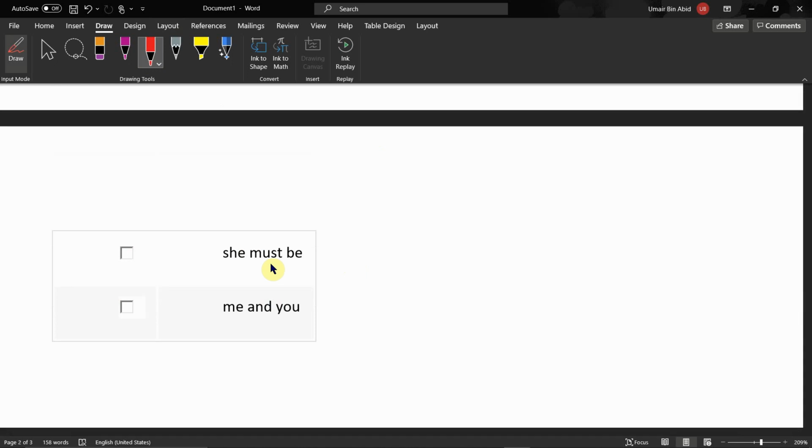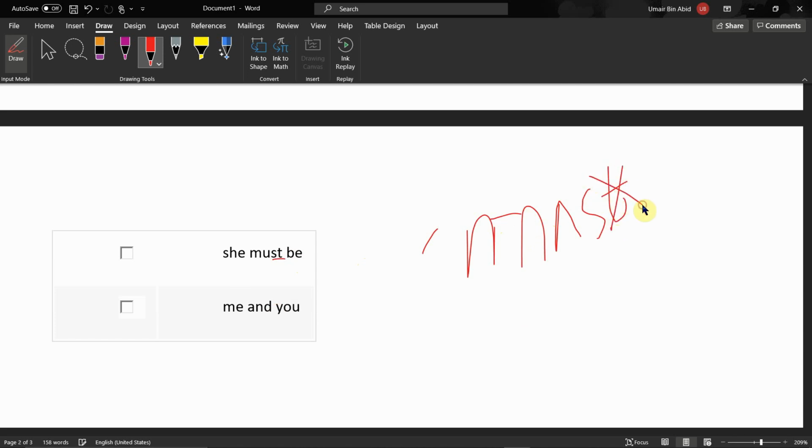When English speakers say she must be, they usually say she mus be. So we know this is a consonant cluster, st in must, and it will be reduced, so the t will be skipped.